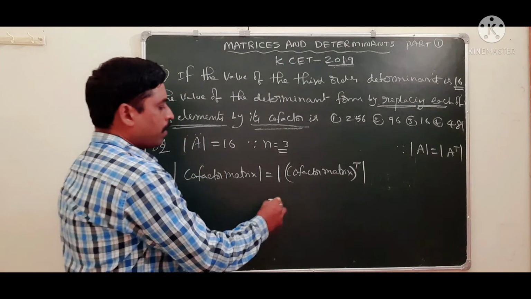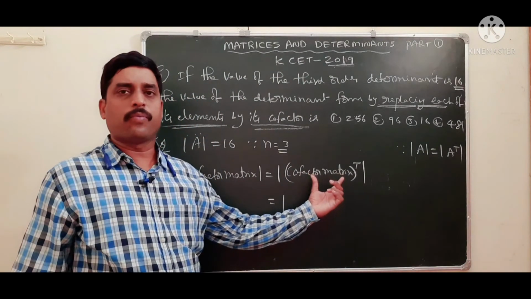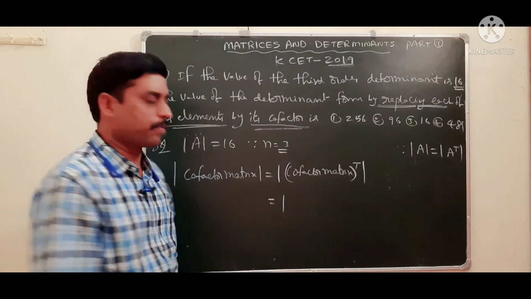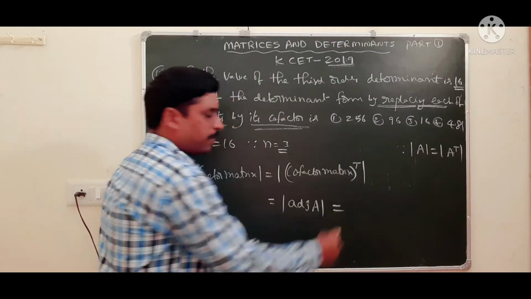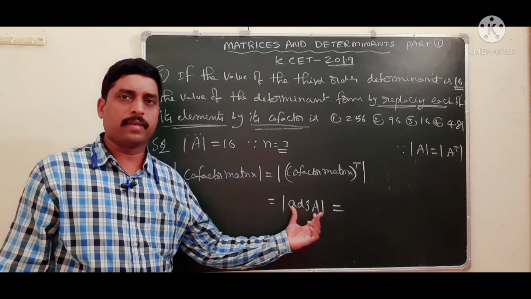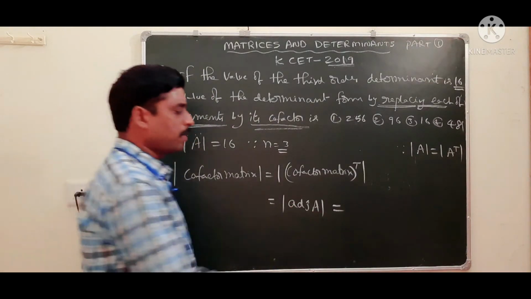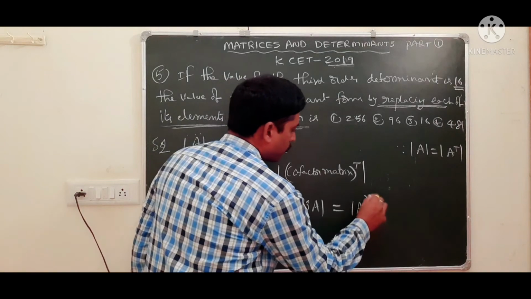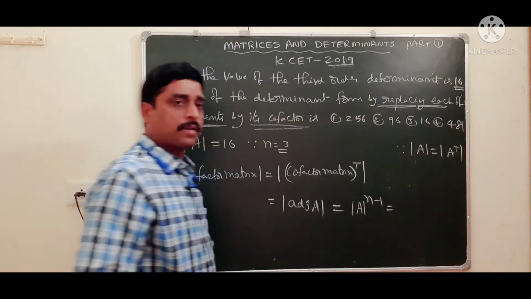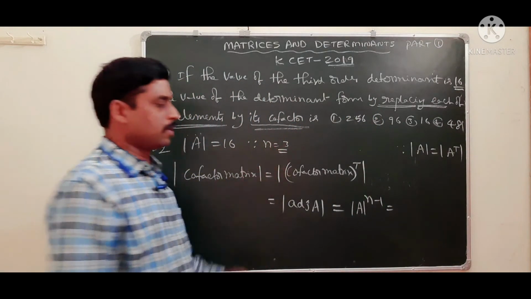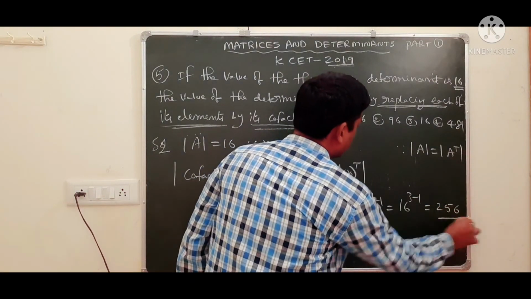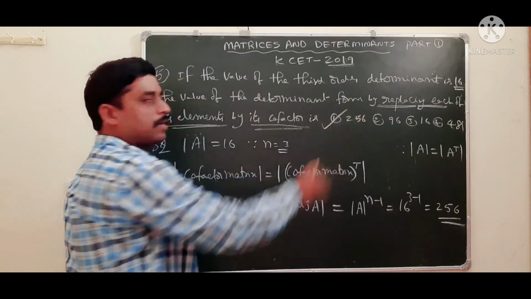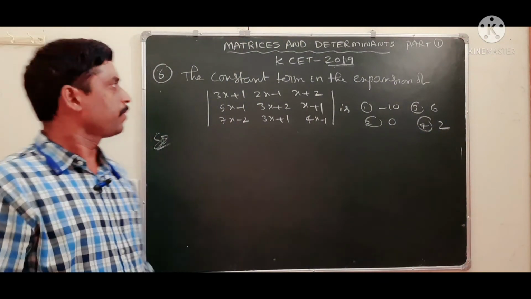The transpose of the cofactor matrix is nothing but the adjoint of A. So det of adjoint A is det A to the power n minus 1. Det A is given as 16 and n is 3, so 16 to the power 3 minus 1 is 256. Which option is correct? The first option is correct. Let us go to the next problem.